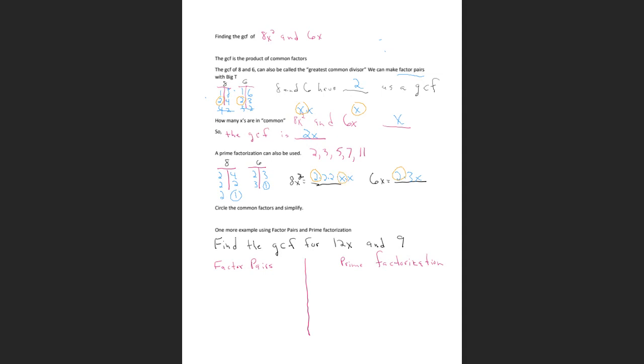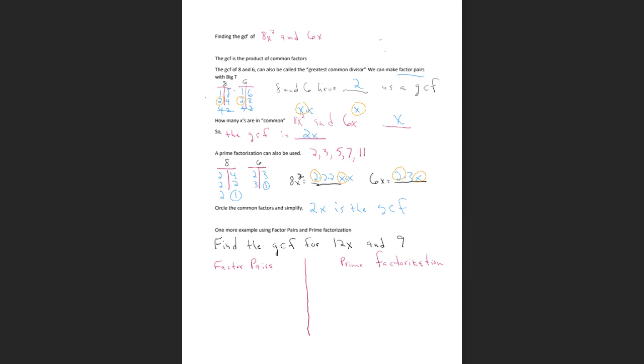They have an x in common, but they only have one x in common. So if I put that together, by circling those common factors, we have 2x as our GCF. So 2x is the greatest common factor between those two monomials.